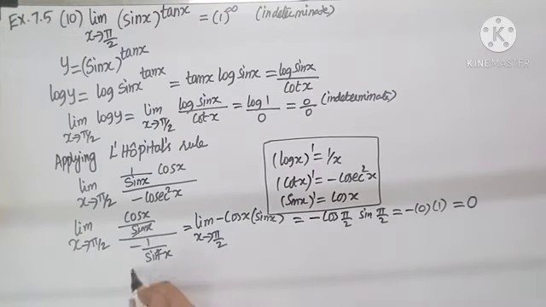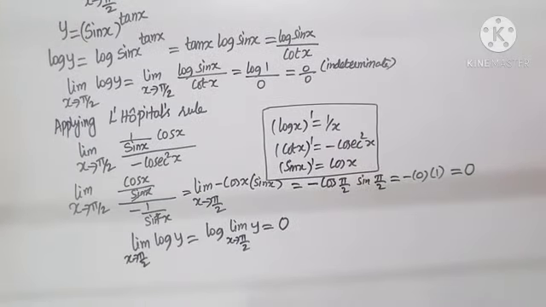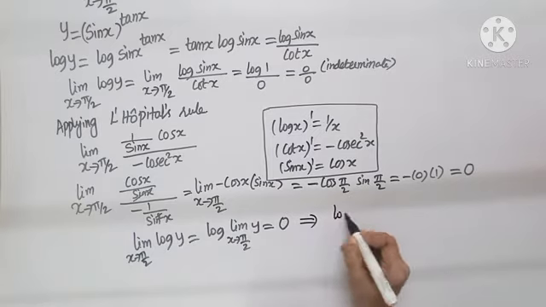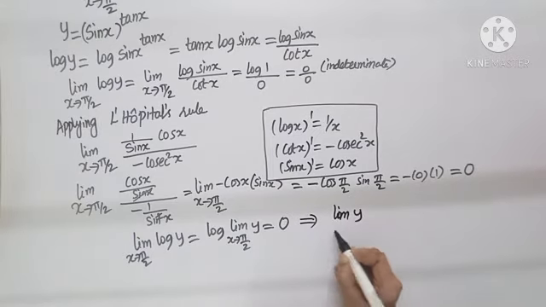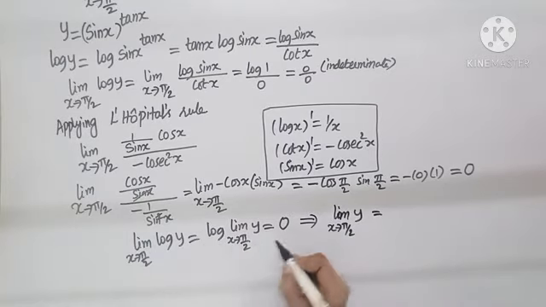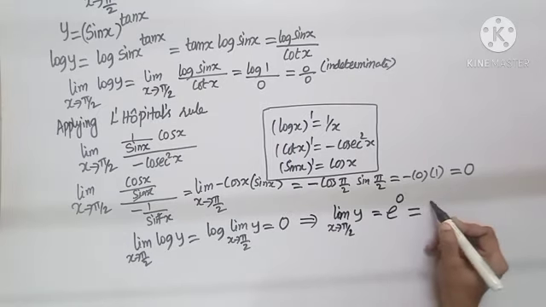Let us remember, limit of log y, log of limit y, the answer is 0. Limit is nothing but x tends to pi by 2. If limit of log y is 0, this implies limit of y when x tends to pi by 2, when we don't want log, the answer is e power 0. E power 0 is 1.